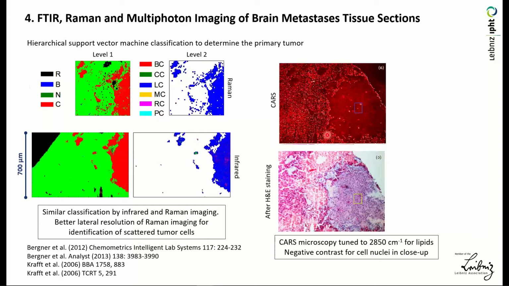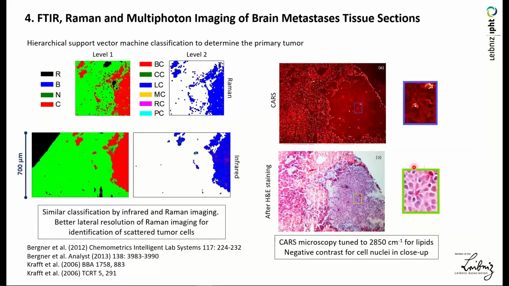The CARS microscopic image was collected at 2850 wave numbers, which probes mainly lipids, and the main contrast is due to lipids, and CARS offers also cellular contrast. Here these dark spots correspond to single cell nuclei, and these cells are typical for tumor cells, and these tumor cells are also clearly resolved in this CARS image.